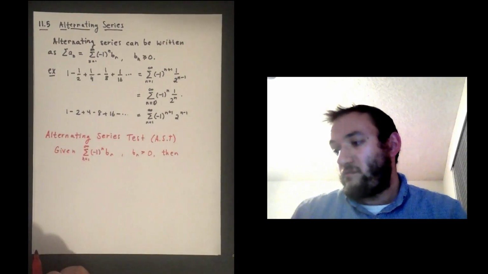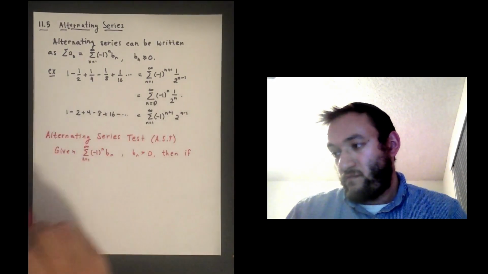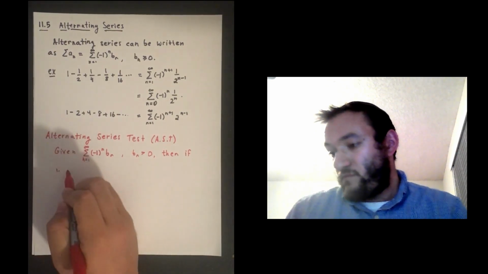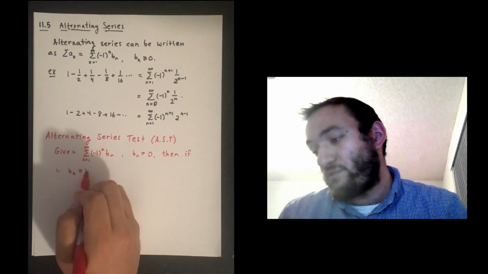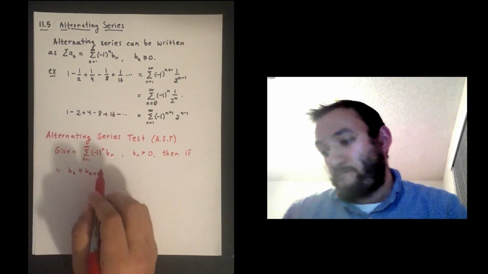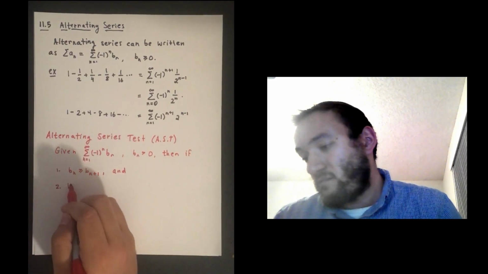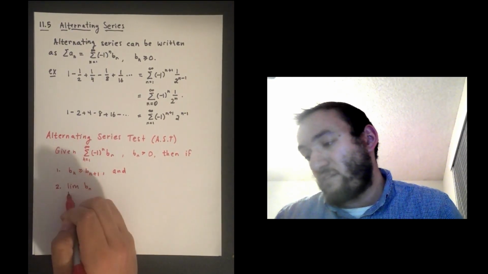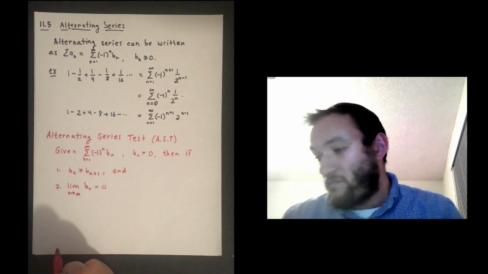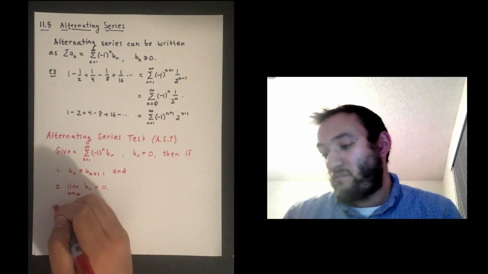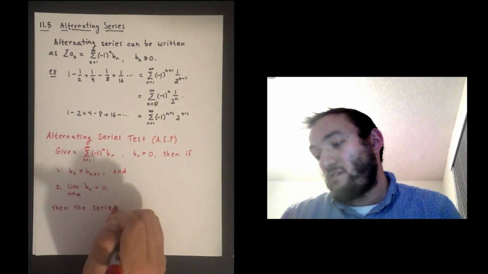then if, first off, b_n is steadily decreasing, so b_n is greater than or equal to b_(n+1), and the limit as n goes to infinity of b_n equals 0, then the series converges.